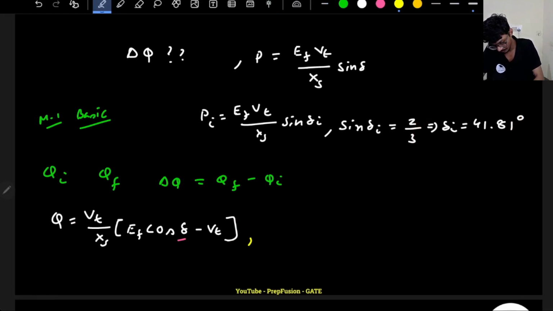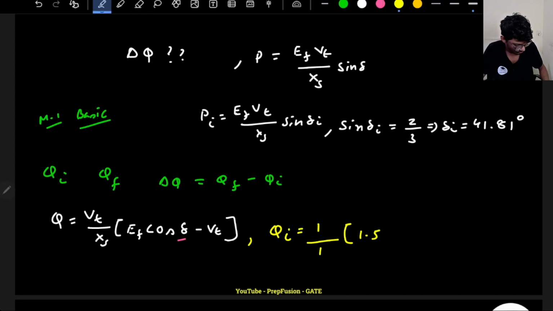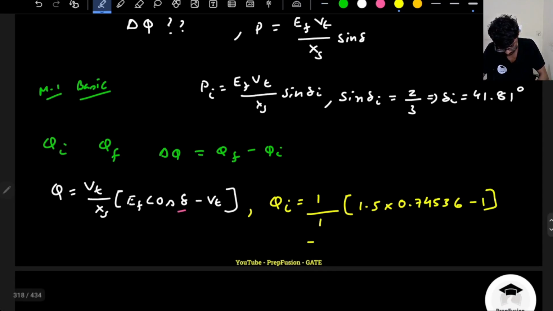The initial reactive power will be Vt is 1, Xs is 1, Ef is 1.5, cos of 41.81 degrees, which is 0.7453, minus 1, into 1.5 minus 1. So it equals 0.1118 pu. This was the initial reactive power.